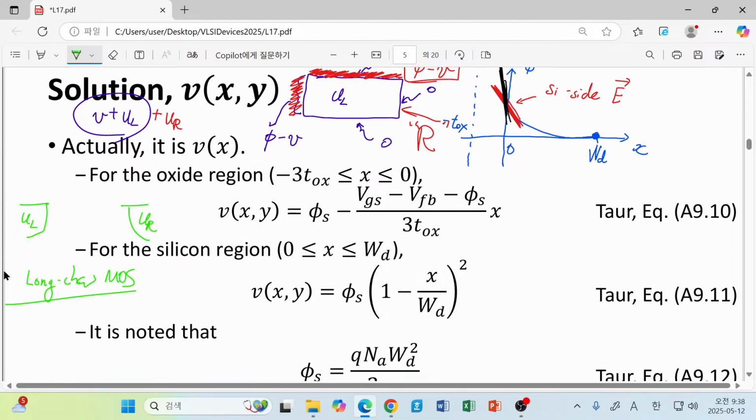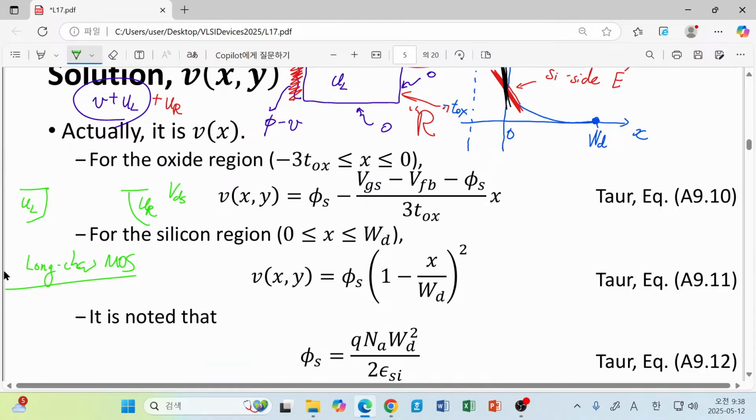And yes, even when we have zero drain bias, please note that our u sub L makes quite a significant impact when we have a short channel device, because even when drain bias equals 0, our phi and V are still different, and usually this value is always positive in our case. So that's the reason why we have this kind of condition.